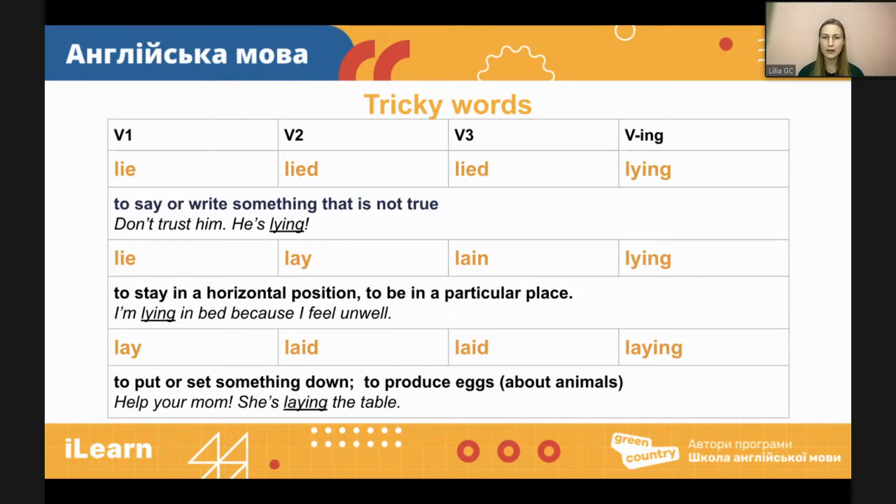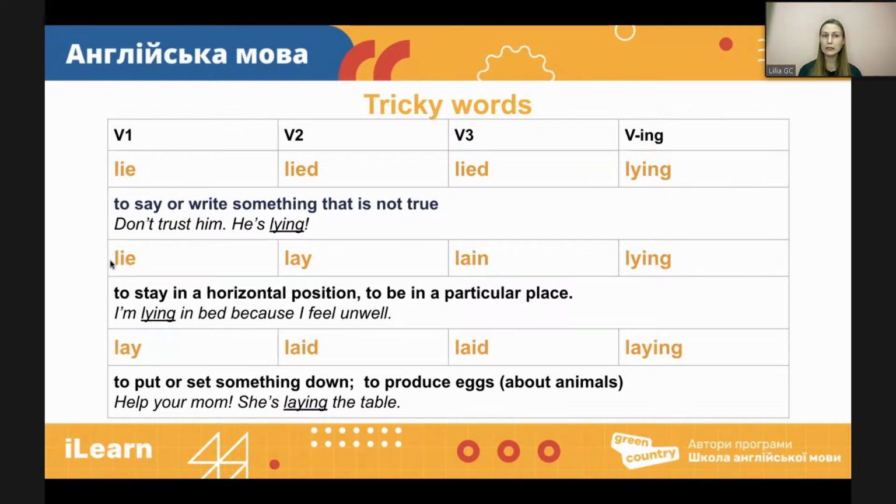So, ta-da! I really like this slide because it may confuse even advanced users. So, lie. There are two verbs which have the same spelling but different meanings. So when we say lie, it could be to say something which is not true, брехати, обманювати, to lie, don't lie to me, yeah?